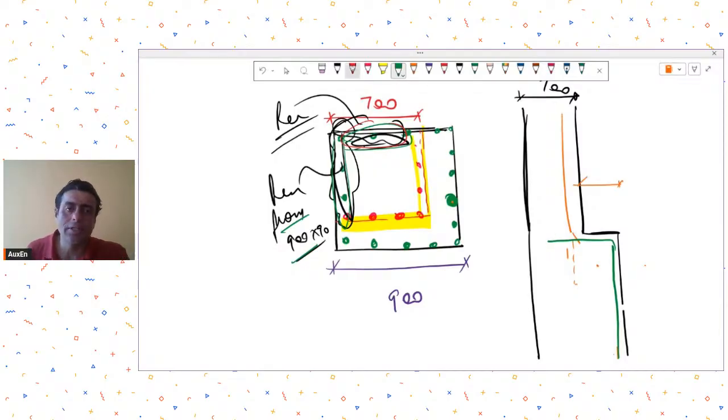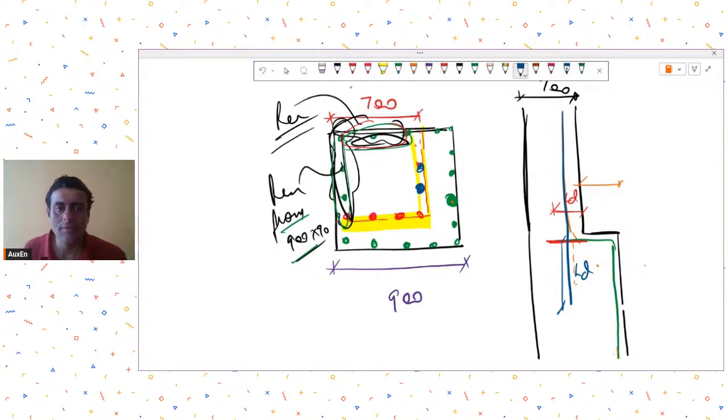So ensure that sufficient development length is given beyond this face. Okay, you need to take your bar and ensure that sufficient LD is provided to this bar, and then the new bar that you are taking for the 700 by 700 column, you need to again ensure that sufficient LD is provided.